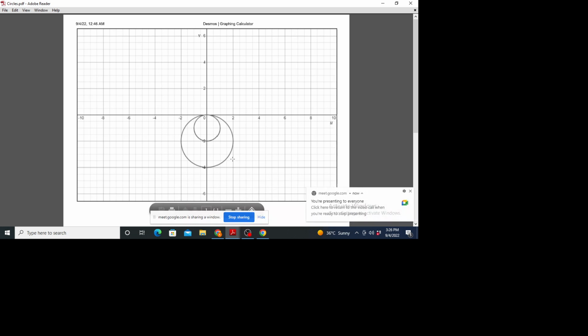You see the larger circle has radius 2 and the smaller circle has radius 1, and the desired region is the region that lies outside of the smaller circle but inside of the larger circle. So that is the desired region. So that concludes this problem also.